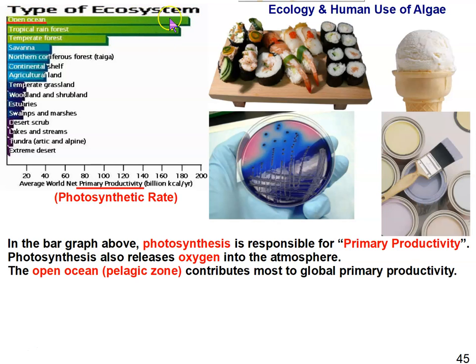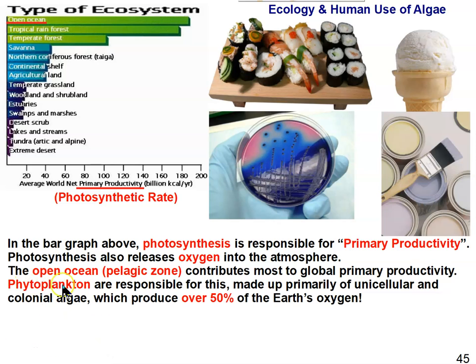So a huge contribution to global photosynthesis and oxygen production is carried out by algae, and more specifically, phytoplankton, those unicellular and colonial algae floating around in the open ocean. Over 50% of the Earth's oxygen. And I think this is like the third time this has been pointed out in our notes. So that's an important contribution of algal species.